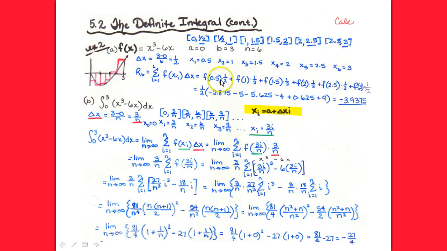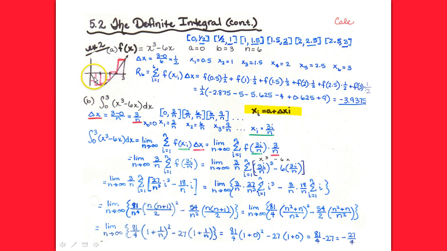In any case, if I want to find f of 0.5, that literally means put 0.5 in the place of x in this function. So 0.5 cubed minus 6 times 0.5 is going to give me a negative 2.875. Negative 2.875? Well, come over here and look at your graph.